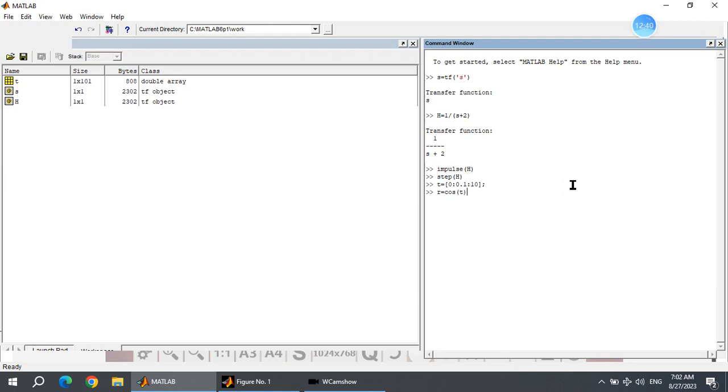Then the output is y, which we get with the command lsim, linear simulation. I need to put the system h, the input r, and the time duration t. Then we have r and y. We plot both t and r, and t and y.